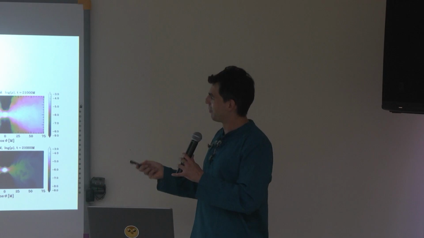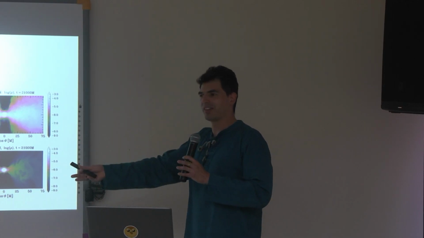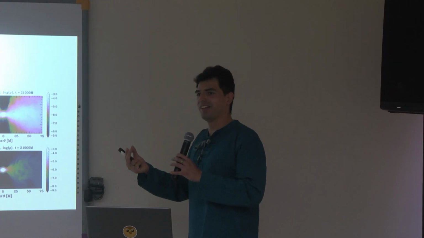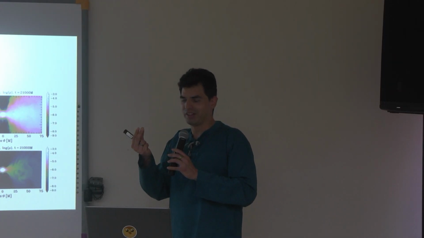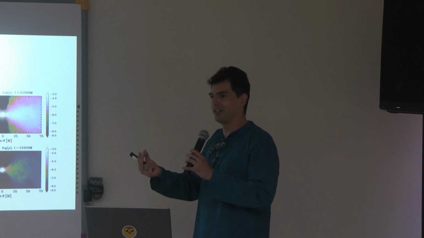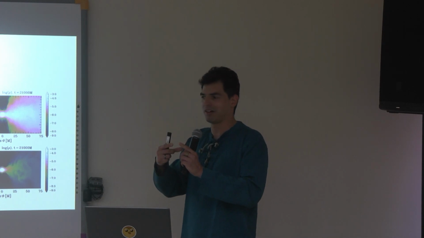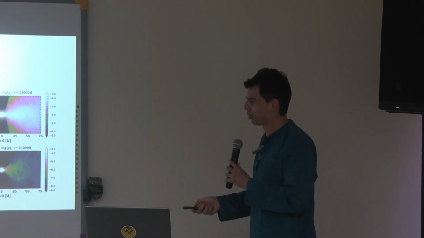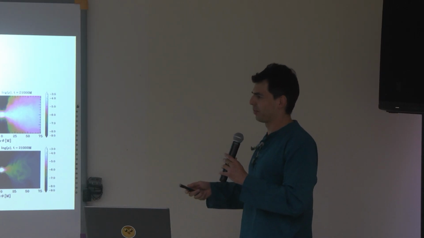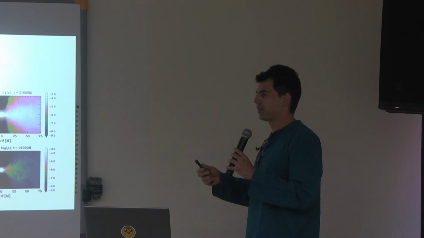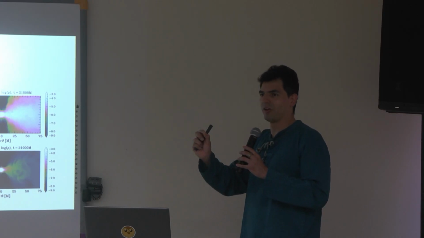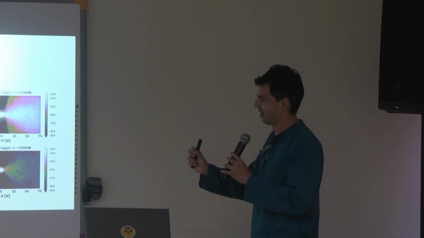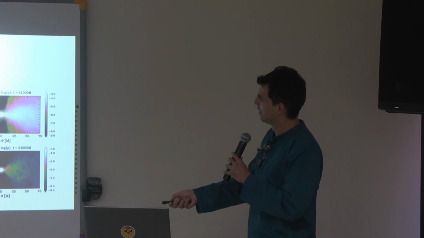But actually, very interestingly, I will show you in the next slide that having a sink is not the only case in which one can have images that produce a central brightness depression. In fact, one can produce central brightness depressions for objects that not only don't have a sink, but also are not extremely compact and don't have an extreme redshift.